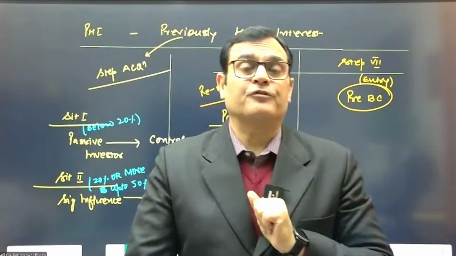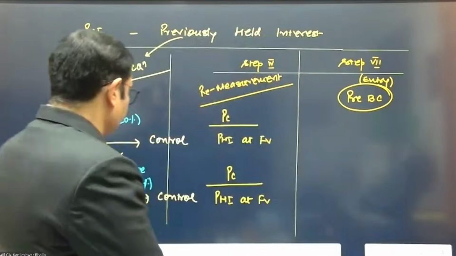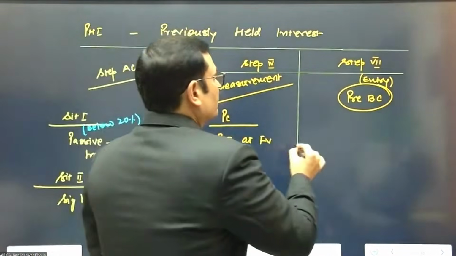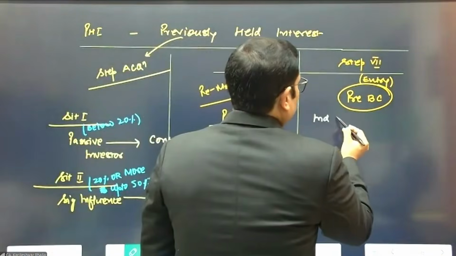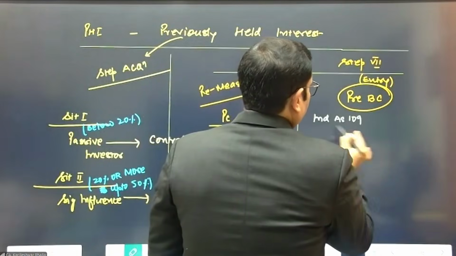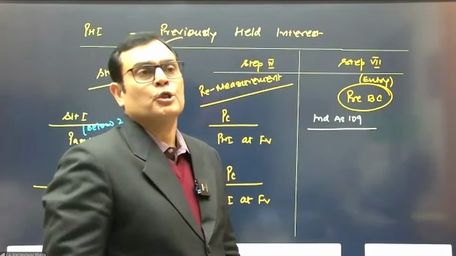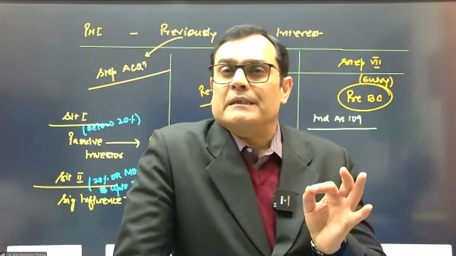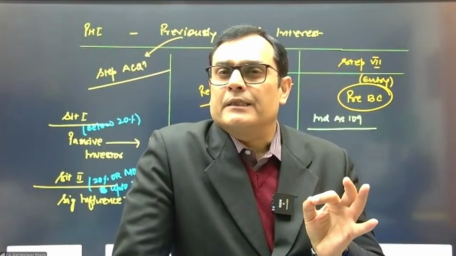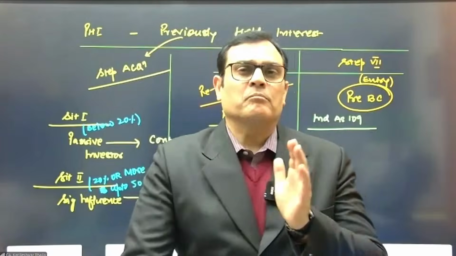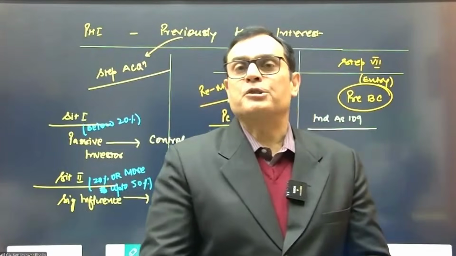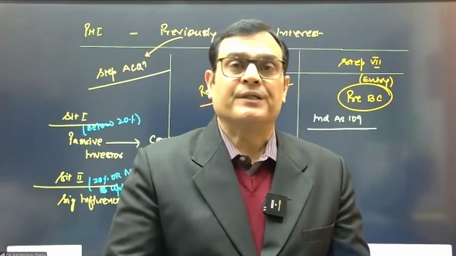Now, first of all, let's understand one thing. If you were a passive investor, can I say you were doing the accounting under Ind AS 109? It was equity investments under Ind AS 109, which might have been measured at FVTPL or at FVTOCI with no recycling or reclassification.